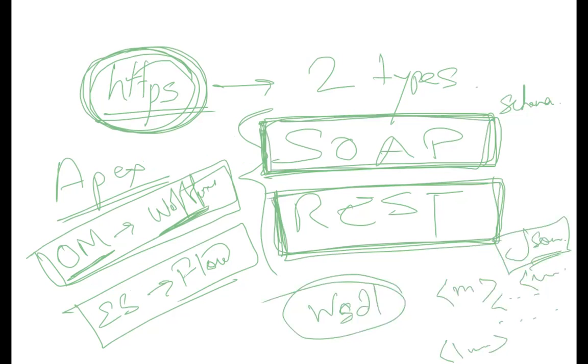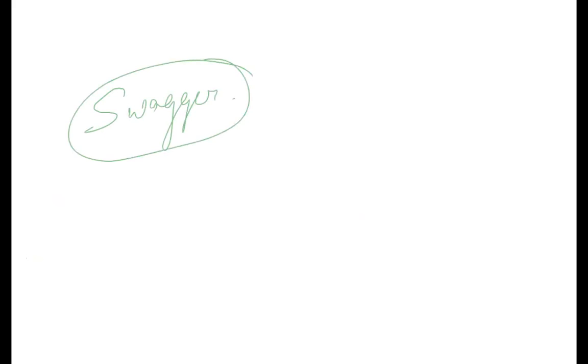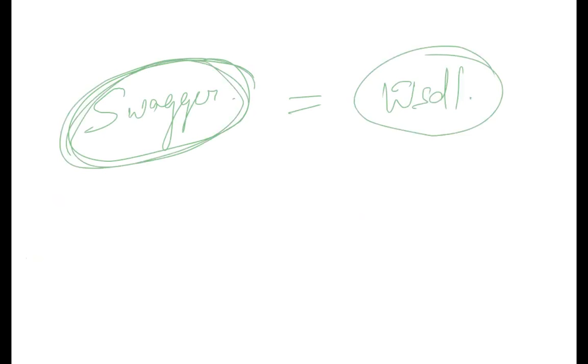Recently, what has happened is that the REST service JSON format is also describable with a Swagger implementation. Swagger is quite similar to what WSDL is for a SOAP service. It is a description of that API, of that REST service.